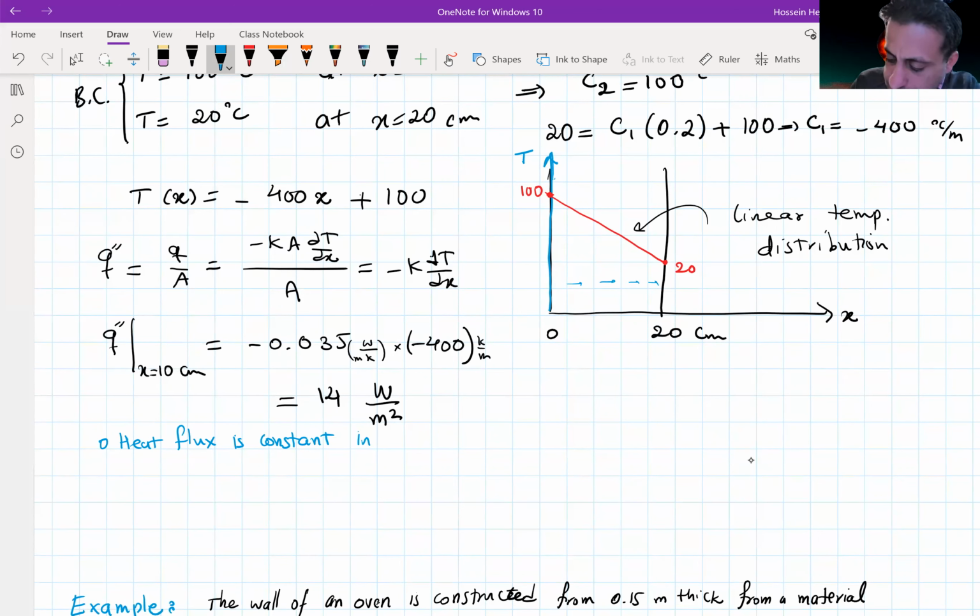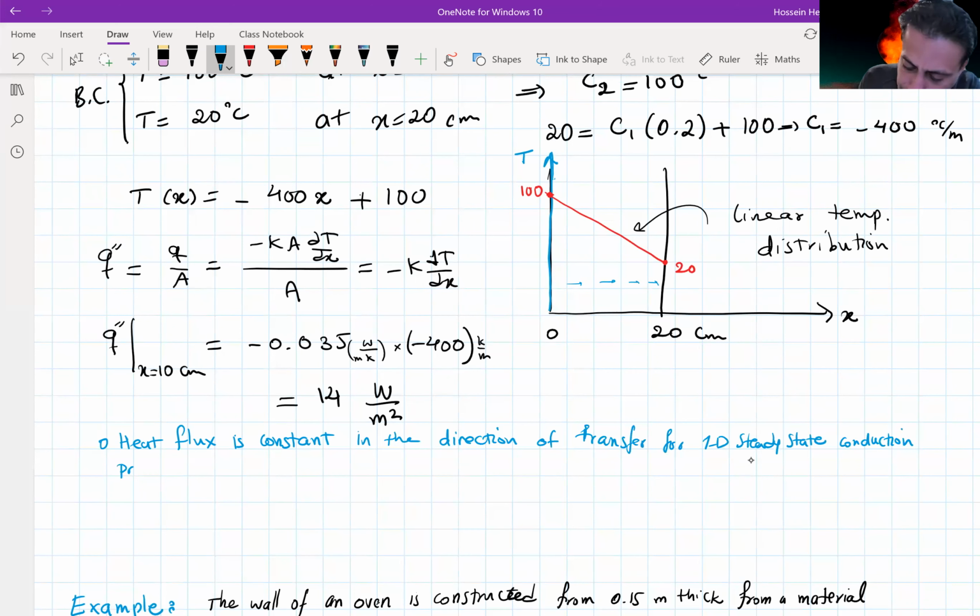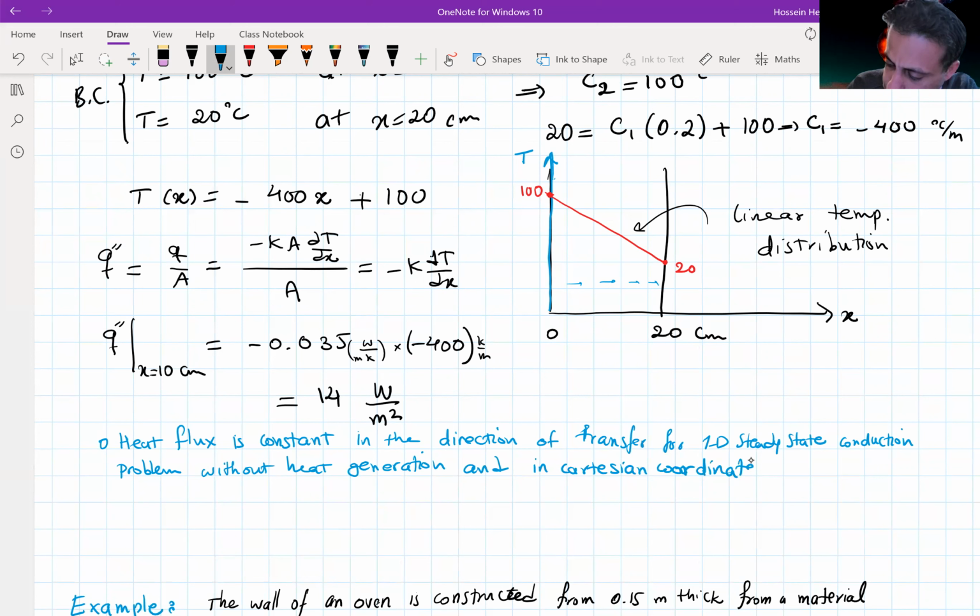So the heat flux is constant in the direction of heat transfer for a 1D steady state conduction problem without heat generation, and the other one is in Cartesian coordinates. This is one of the things that I would like you to pay attention to.